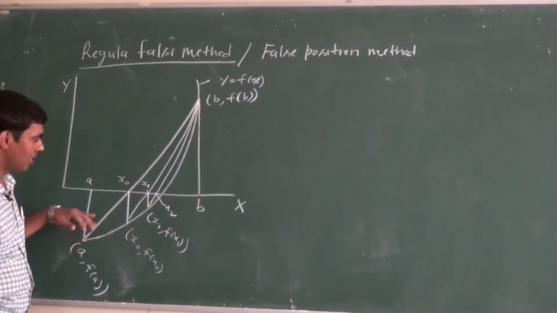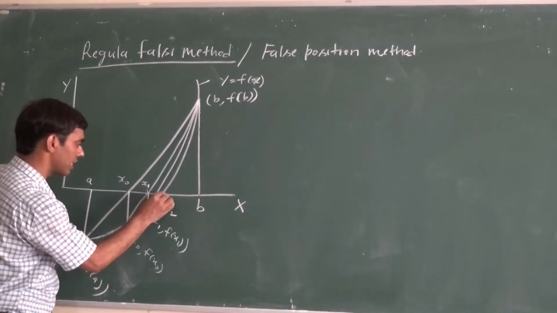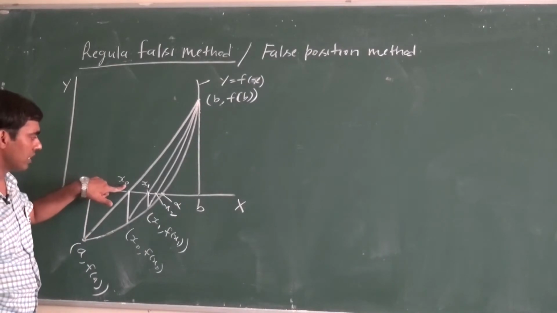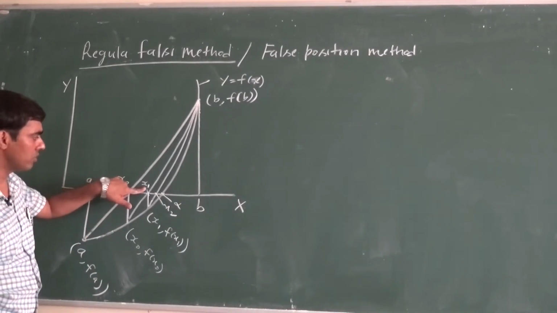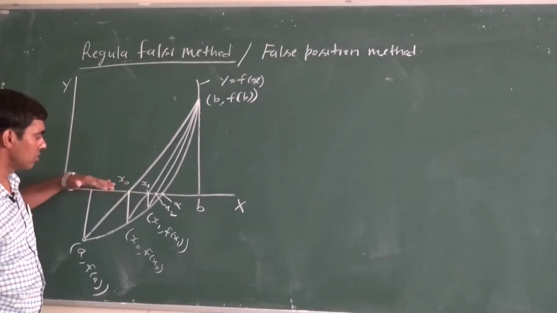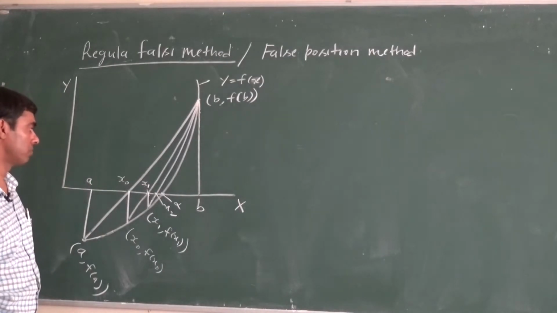So what we observe, this one is our actual root. Suppose this one is alpha. The first approximate value is x0, the second approximate value is x1, the next approximate value is x2. Slowly we approach our actual root.